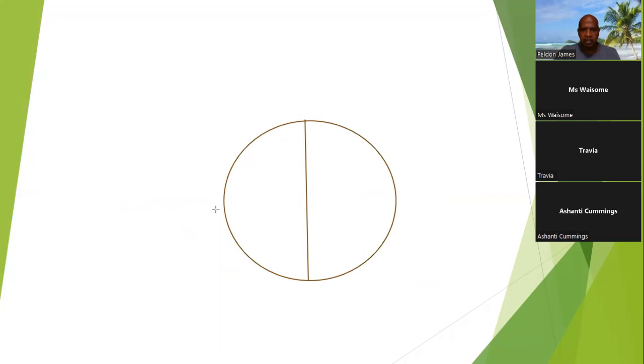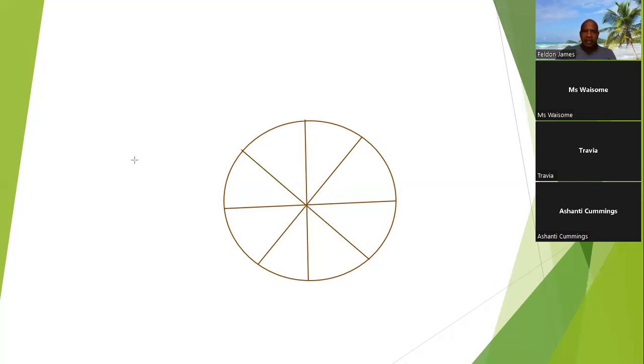This is not a perfect drawing, so we are just using our imagination here that we have a perfect drawing, not drawn to scale. All right, so here we have a pizza and we cut it up. How many slices did we cut the pizza into? 8, sir. 8 equal parts, all right?